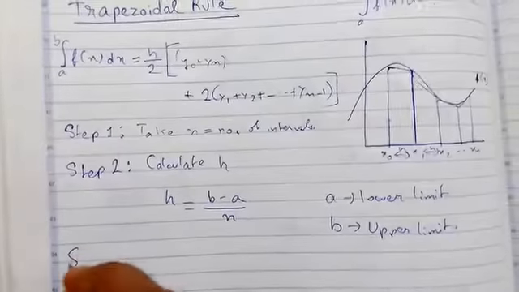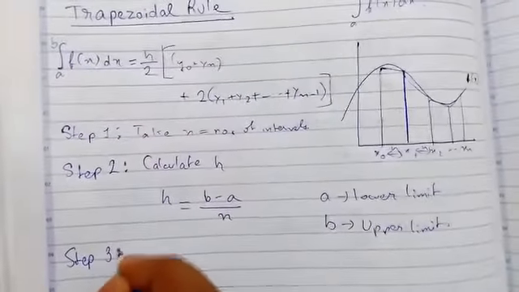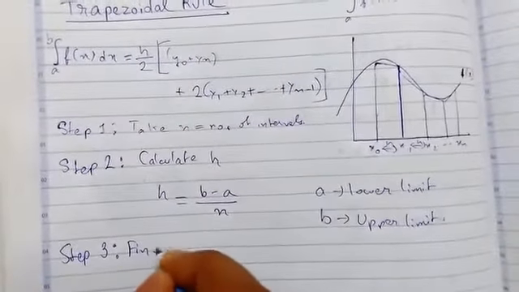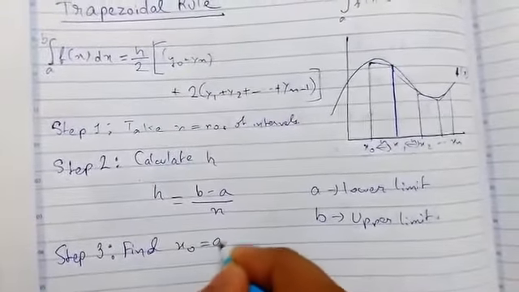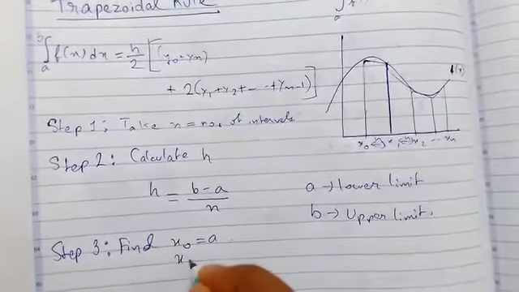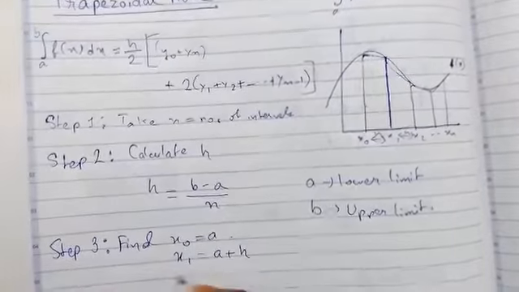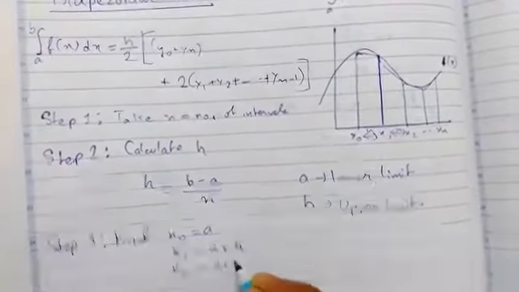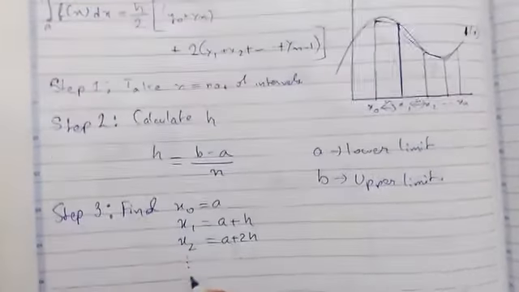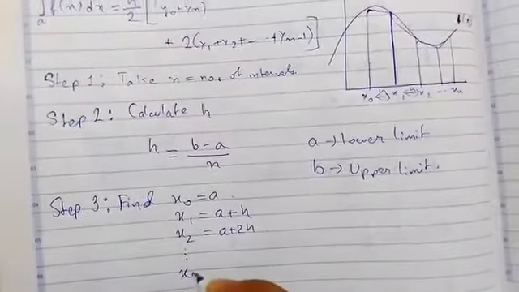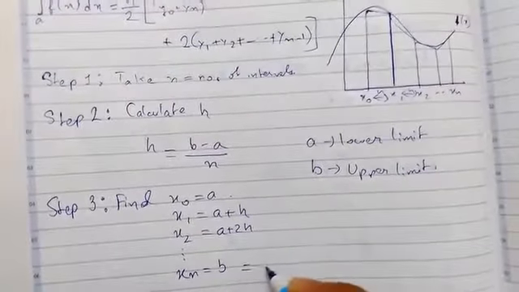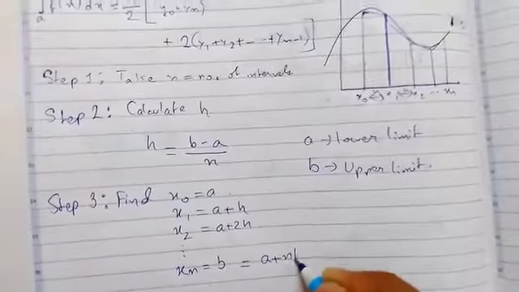Now step 3, find x0, that is a for the first one, x1 that is a plus h, x2 that is a plus twice of h, and so on up to xn, that is b, which also equals a plus n times h.